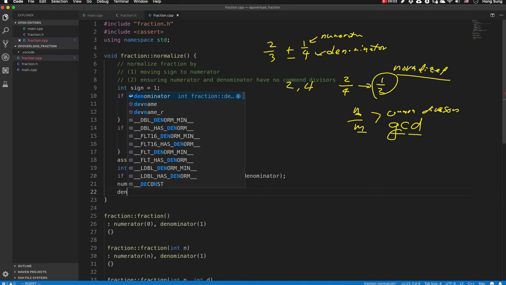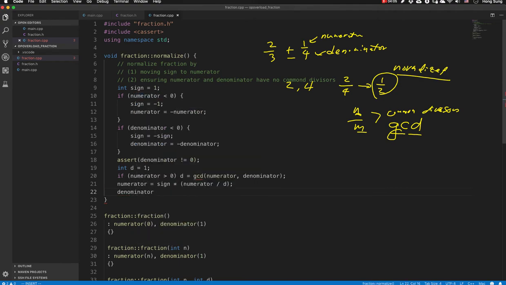And then the denominator is the denominator divided by the greatest common divisor. If the numerator is not positive, which means it is a 0, then the greatest common divisor should be 1, so we don't have to do anything at all, but just in the general case. So this is the idea of how to reduce this.